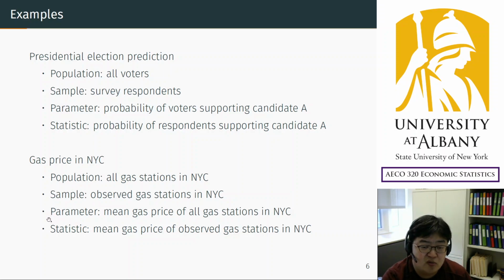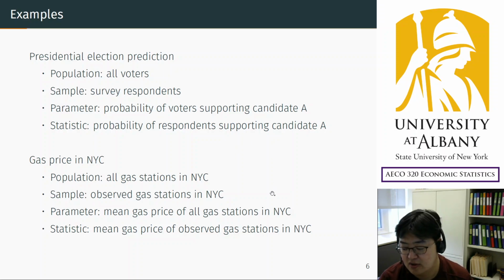The parameter we'd like to know is the mean gas price if you could visit all gas stations, but that's not possible, so it is unknown. So the statistic you use to estimate the parameter is the mean calculated from what you observed. Right?